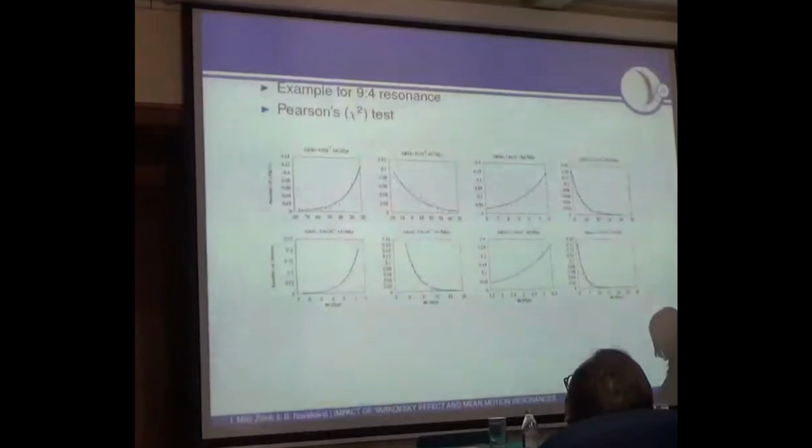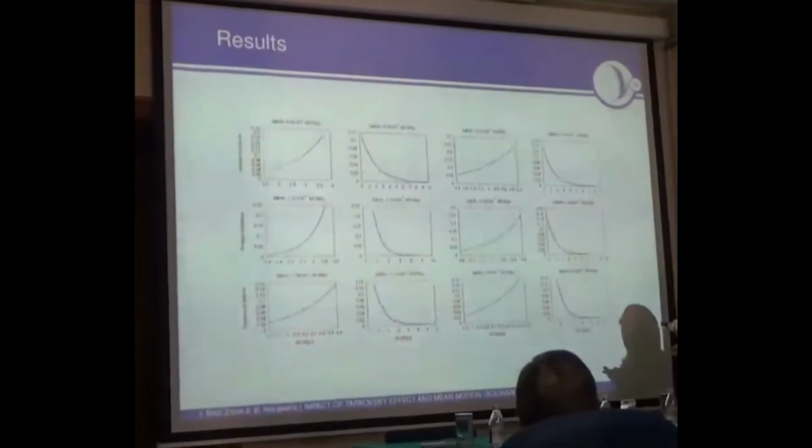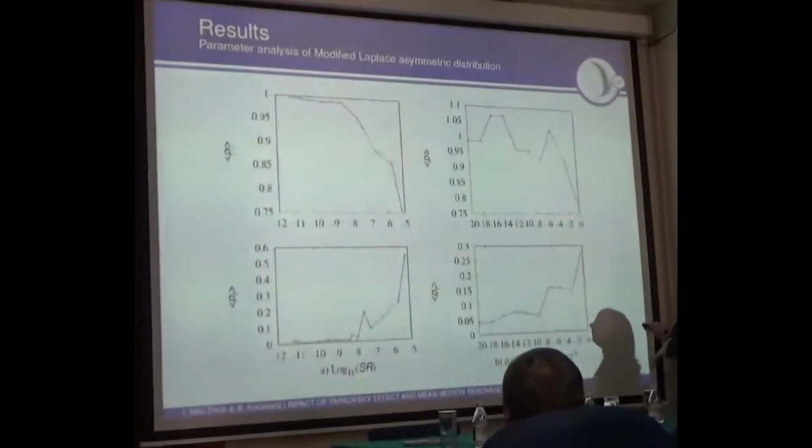And this is the first part, and this is the second part of the same picture about the same resonance 9-4 with Jupiter in the same plane. And we have a very good fit of this function. The same result is for all other resonances and Yarkovsky drift speeds.